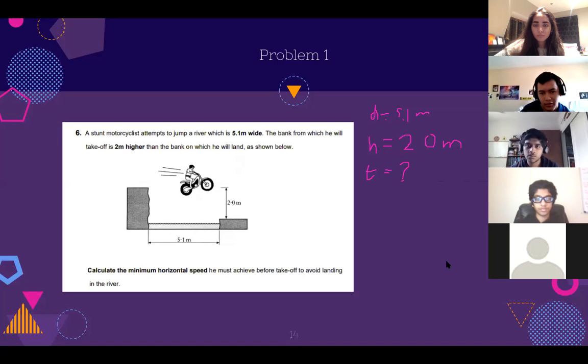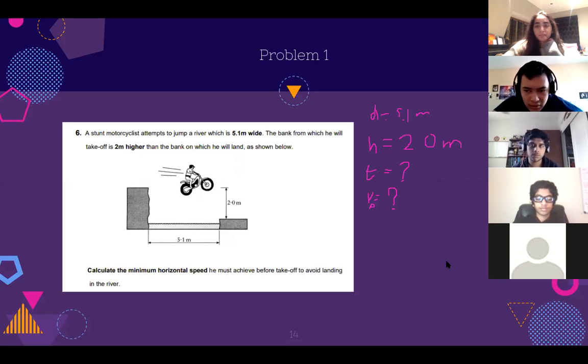And then velocity, or V naught, which we also don't know. So, as I hinted at, we're going to need to be able to travel 5.1 meters in the time it takes us to fall 2 meters.